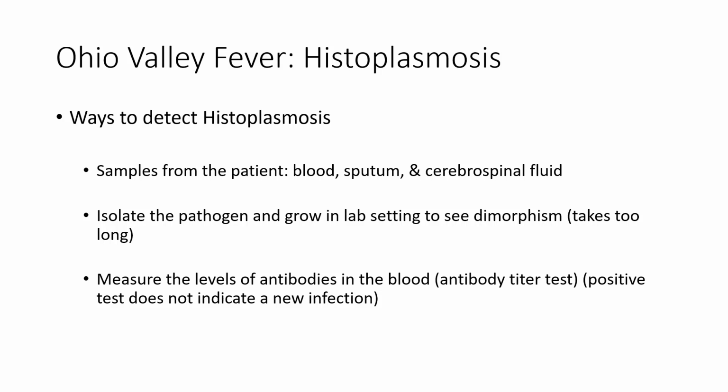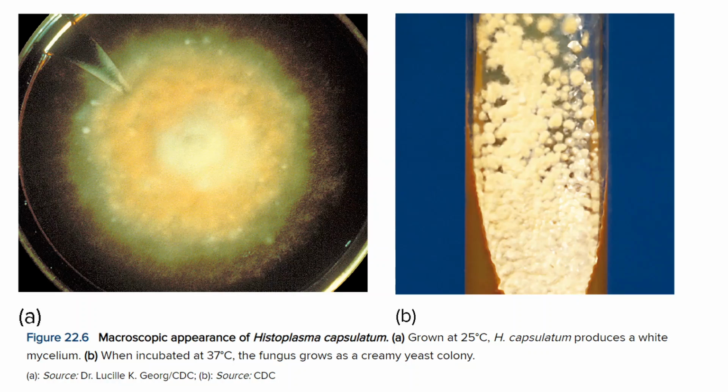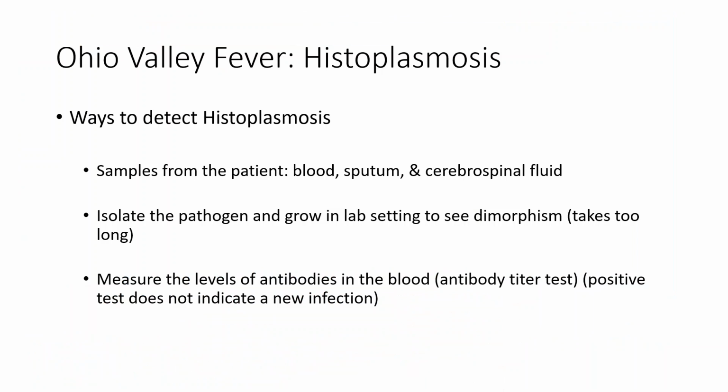Then you can do tests to see this dimorphism, see it in its hyphal phase versus its yeast phase. That's good and dandy, but it takes too long. So if you're trying to help a patient ASAP, that's typically not what you're going to do. Maybe more in a research setting and not a treat-me-now setting, okay?